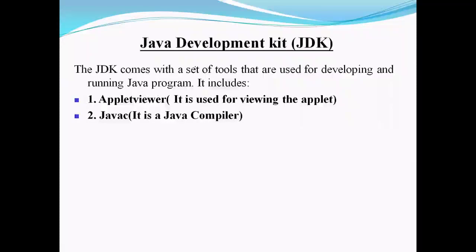Next is javac. It is a Java compiler. The Java compiler translates Java source code to bytecode files that the interpreter can understand. Javac is a command which is used to compile a Java program into an intermediate code, that is bytecode. Like you compile your C program by using an application called GCC.